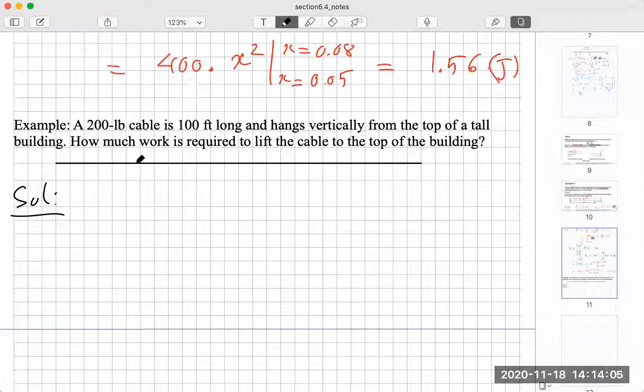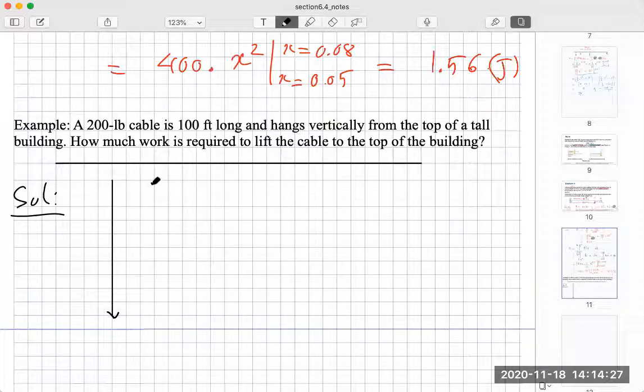Now let us draw it, visualize it. The work done here is the work done by the gravity, right? Because it's hanging here on the top of the building.